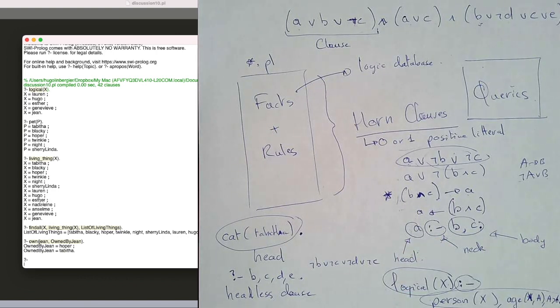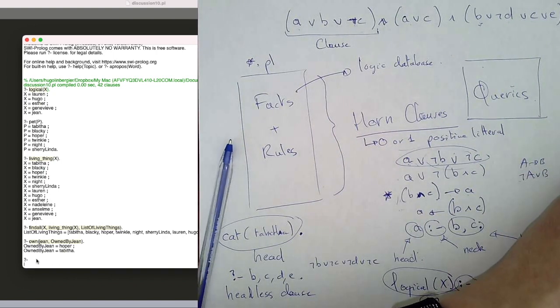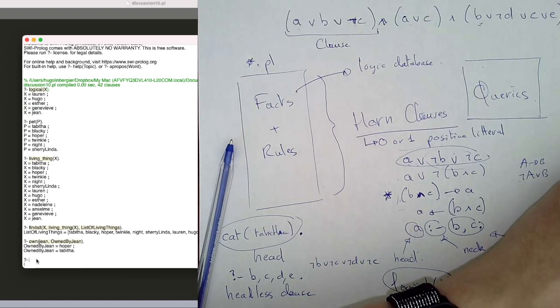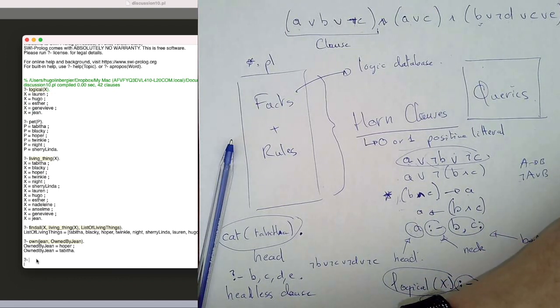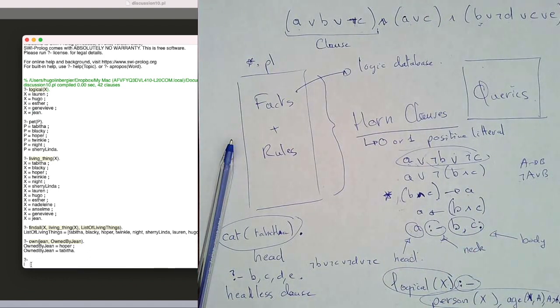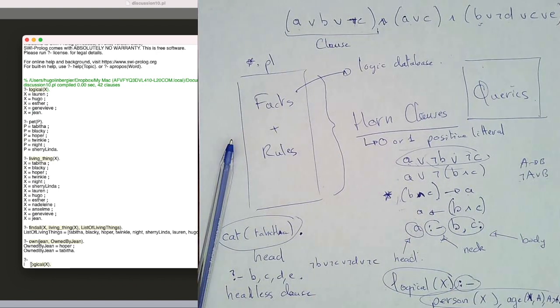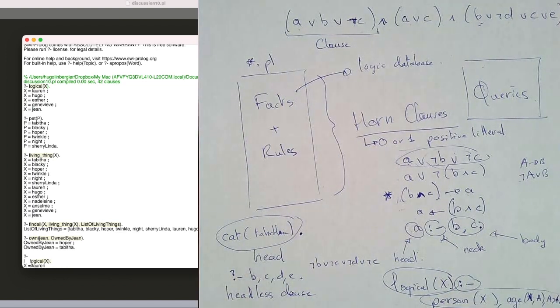So when I ask Prolog, what are the logical things? Logical X. It gives me X equals Lauren.